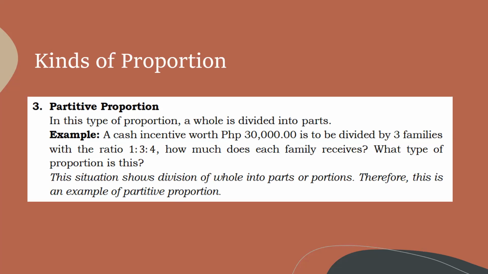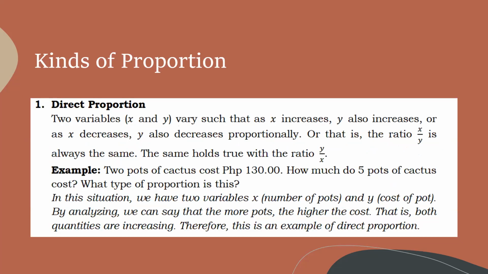Nakuha po yung idea? Hindi ko pa naman po kayo pinagko-compute. Ang akin lang, nakukuha po ba yung idea ng quantitative? Yung buo na hahati-hatiin. Opo. Okay po. So yun yung 3 uri. So ang una ay direct proportion kung saan kapag tumaas ang isa, tataas din yung isa.